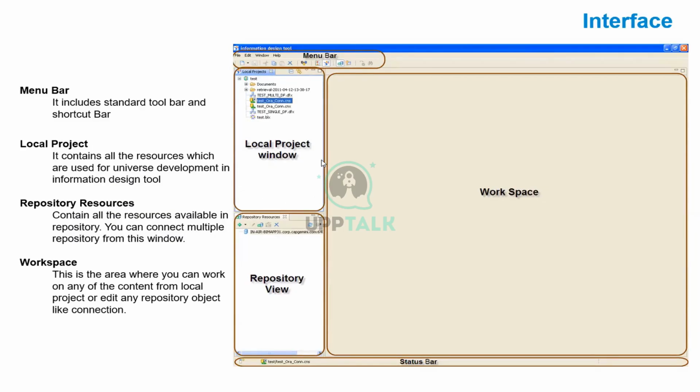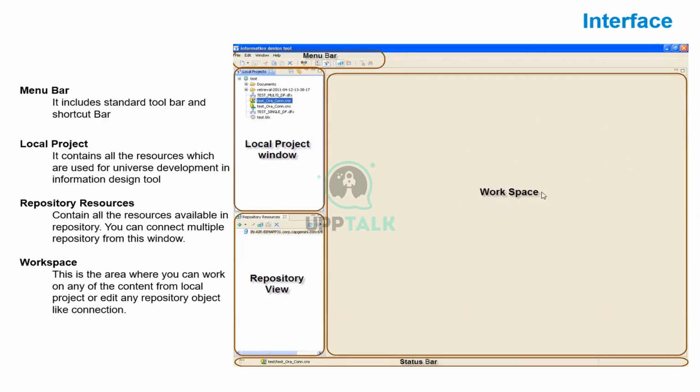And this is the local project window. Whenever we are creating any local projects from scratch, it will be saved here. Then after everything is ready, we can send that to our repository. Then it will be saved in the repository view.